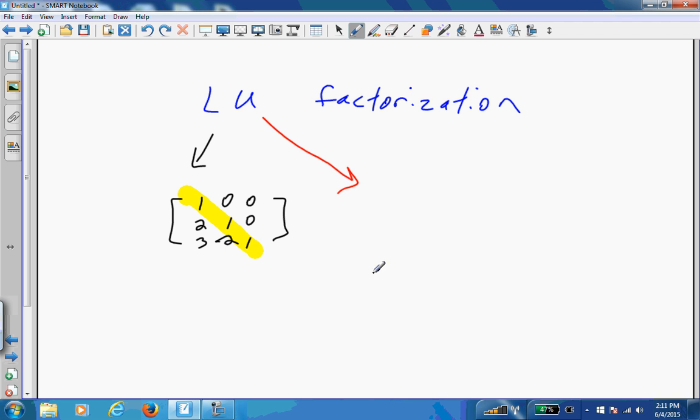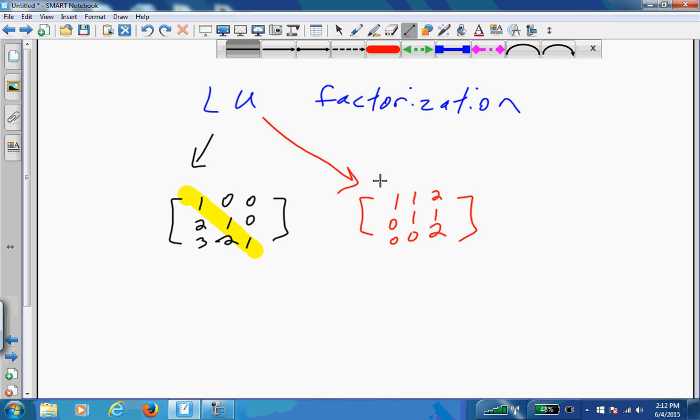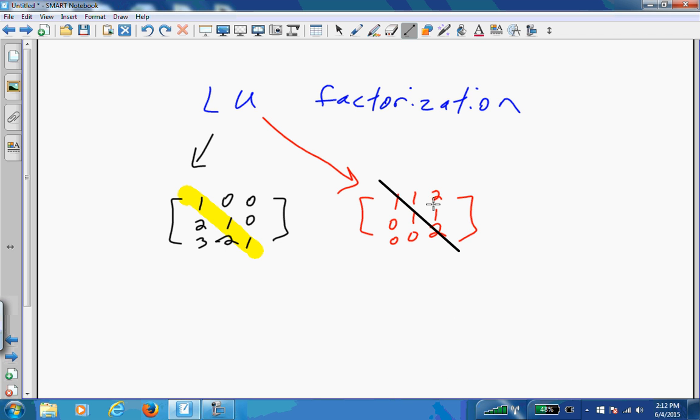U stands for upper. An upper triangular matrix is one that doesn't necessarily have to have all ones down the diagonal, but it has zeros on the lower side, non-zeros on the upper side. So if we look at the diagonal, all the non-zero elements are on the upper side here, all the non-zero are on the lower sides here.